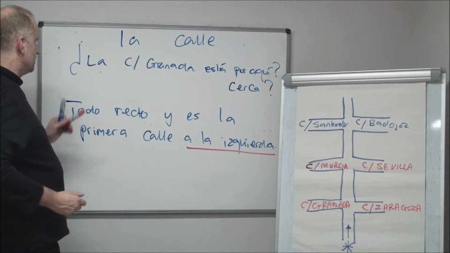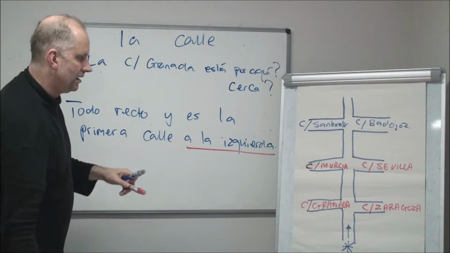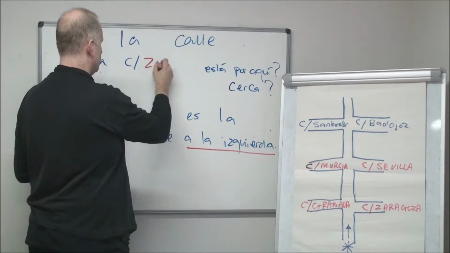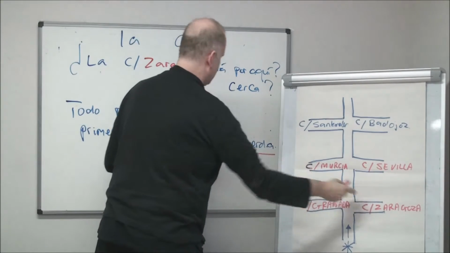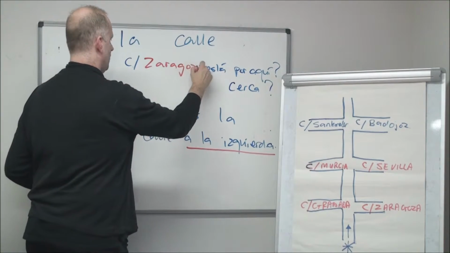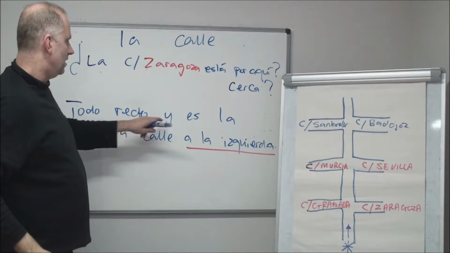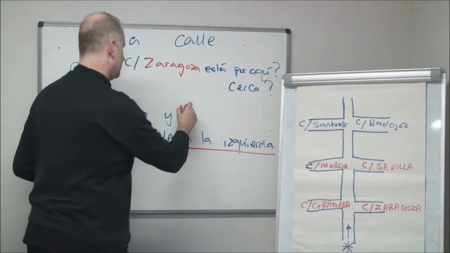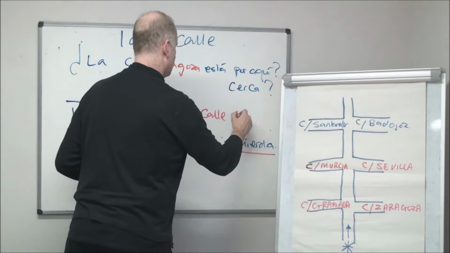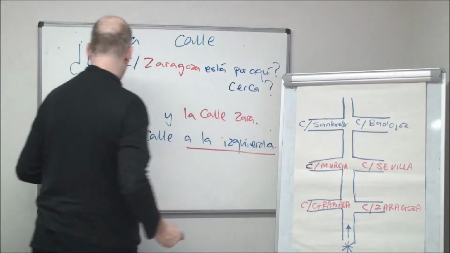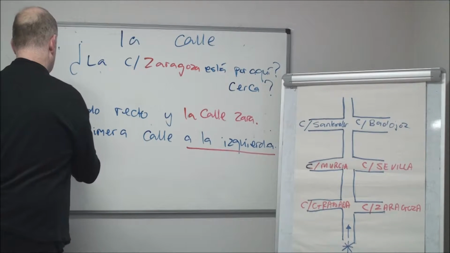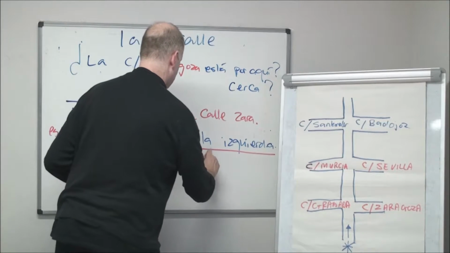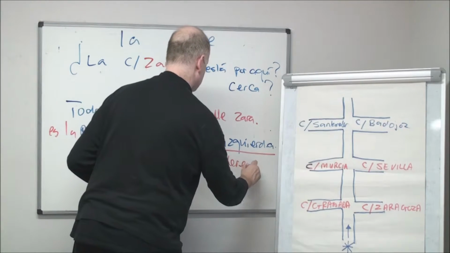So if you want to say la calle Zaragoza está por aquí, so if we change it to the other road here, that's la calle Zaragoza. I say todo recto, or you could say y la calle Zaragoza es la primera calle a la derecha.